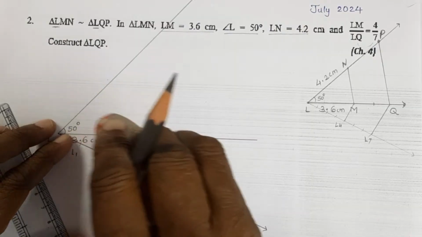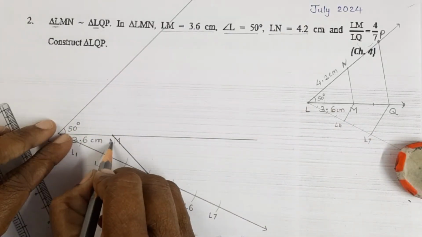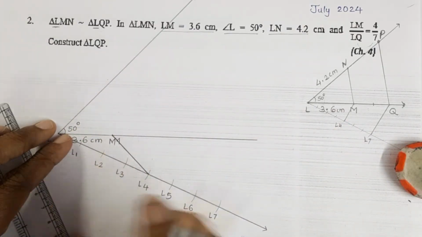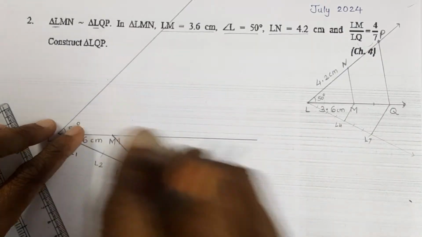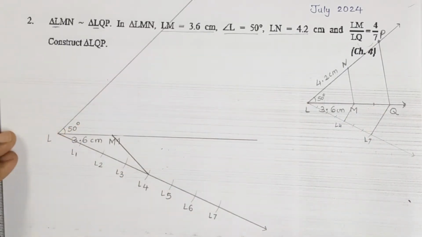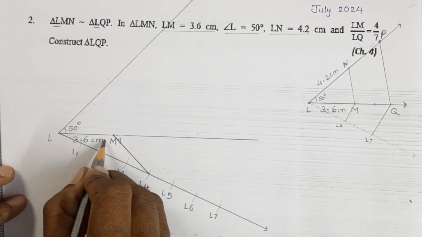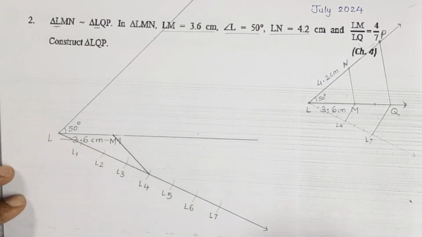Here I write down M, students, this is the M. Then this is the LM, that is of 3.6 centimeter.